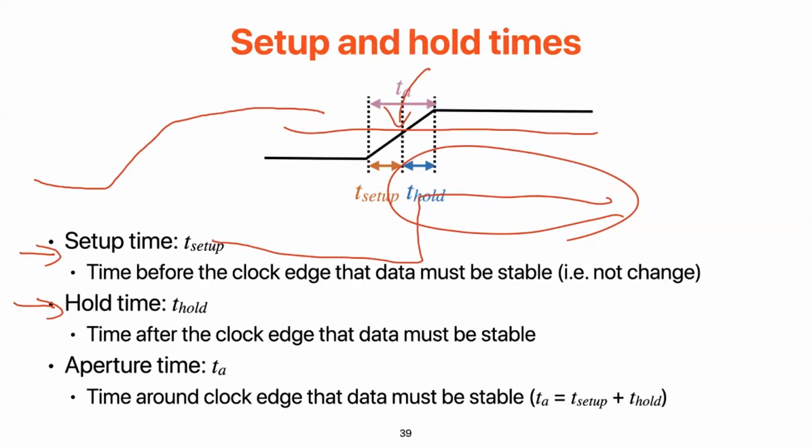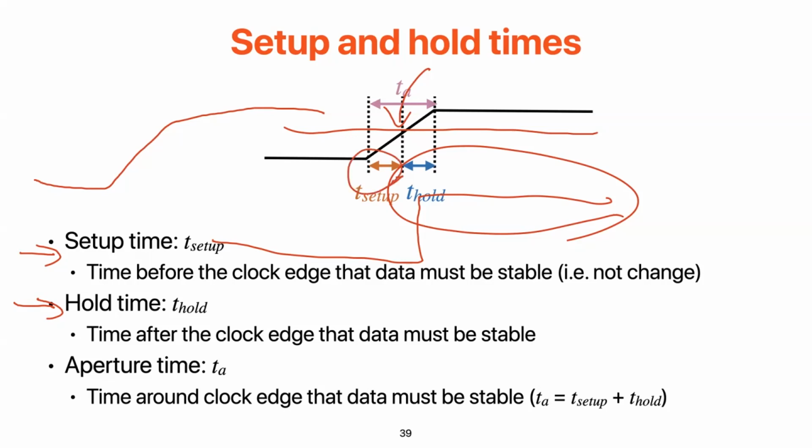So if you want the rest of the circuit to use that value for the rest of the computation, you need your input to be stable for at least this period of time.